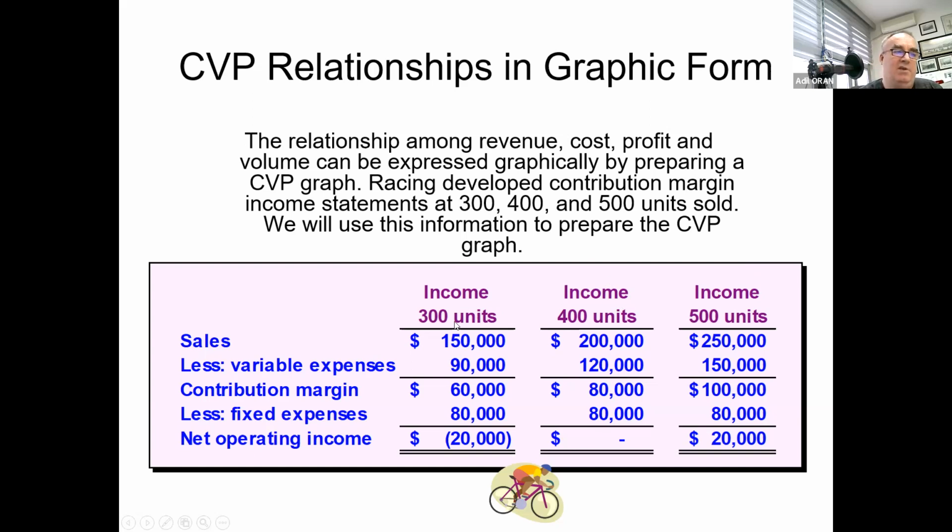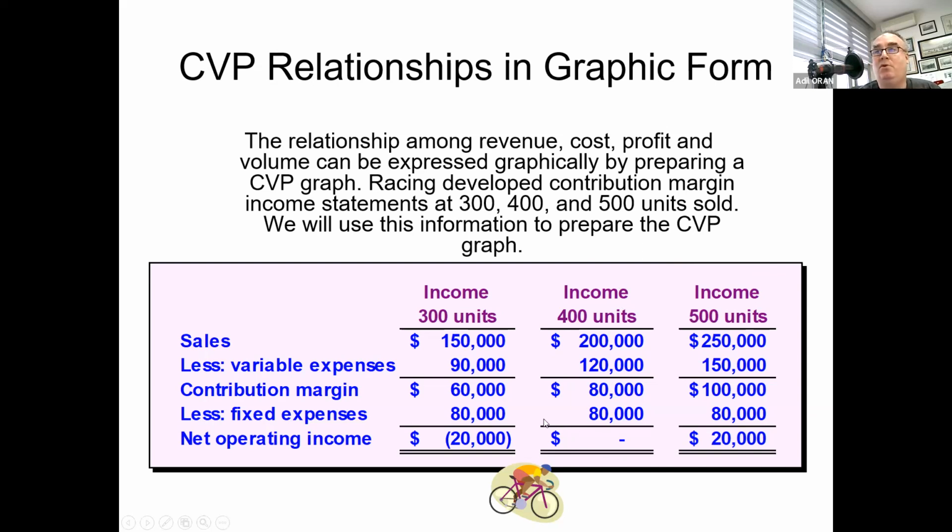If you sell 100 bikes less than break even, you should be losing 100 times the contribution margin, so 100 times 200, a 20,000 loss. If you sell 100 units more than break even, your profit will be 100 times the contribution margin per unit, plus 20,000. So that's where we end up.